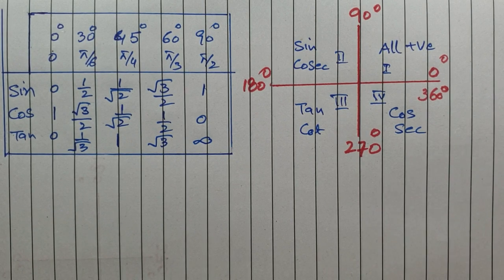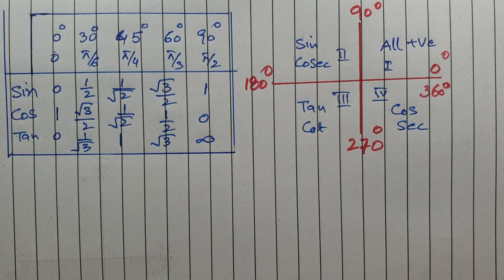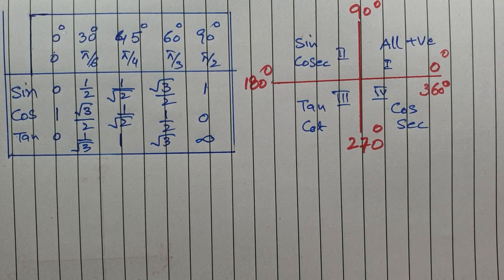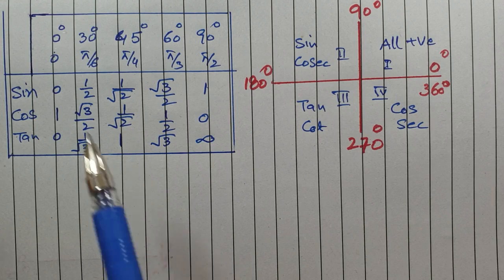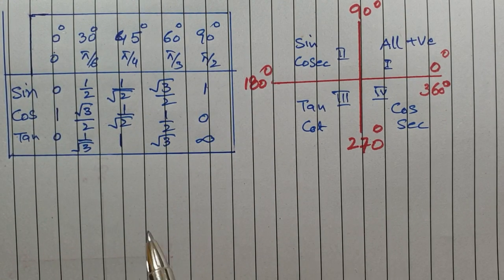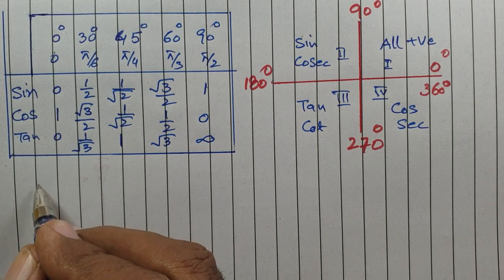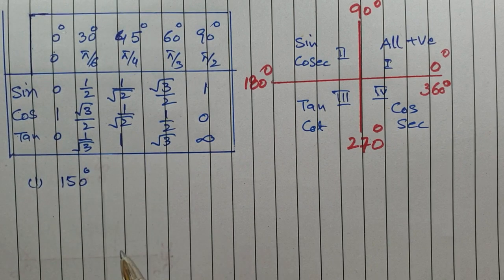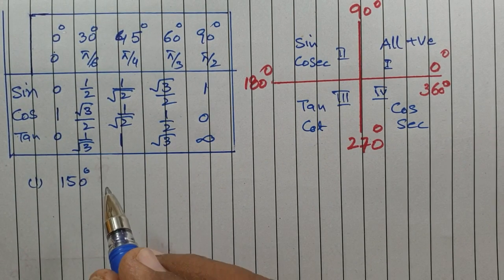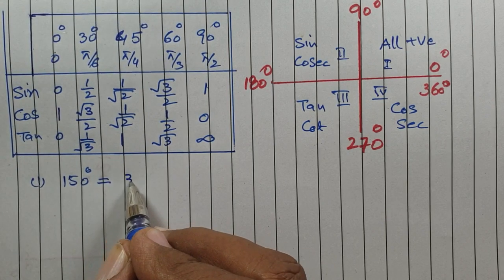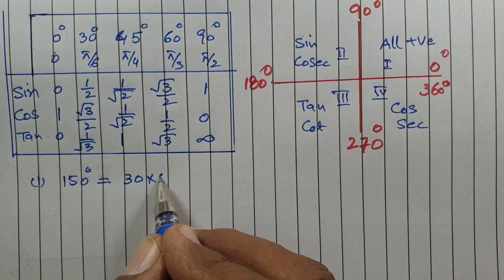So, how to find the value of sine, cos and tan from 0 to 360 for any standard angle within 5 seconds. First we take 150 degree. We change it into multiples, like 30 into 5.